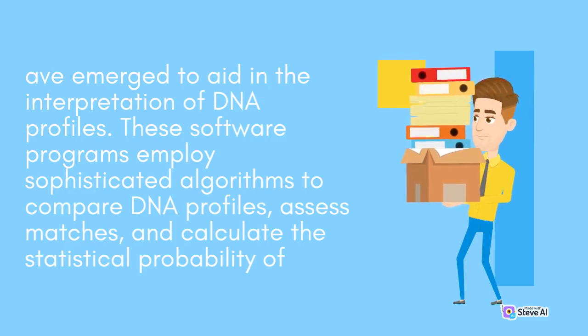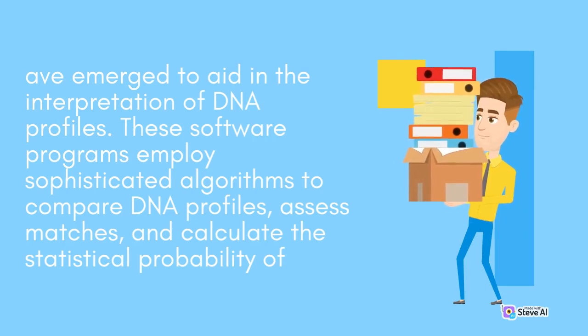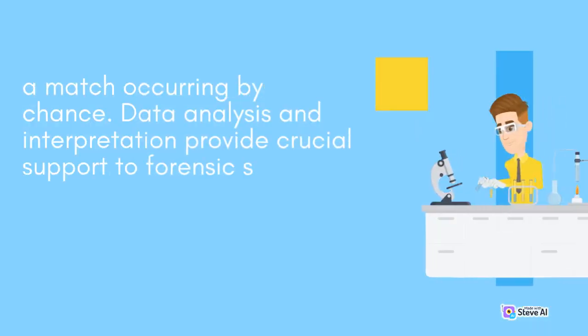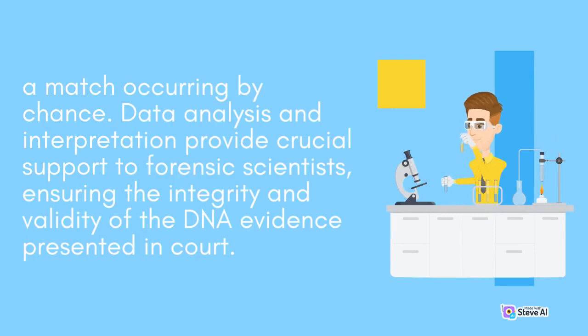These software programs employ sophisticated algorithms to compare DNA profiles, assess matches, and calculate the statistical probability of a match occurring by chance. Data analysis and interpretation provide crucial support to forensic scientists, ensuring the integrity and validity of the DNA evidence presented in court.